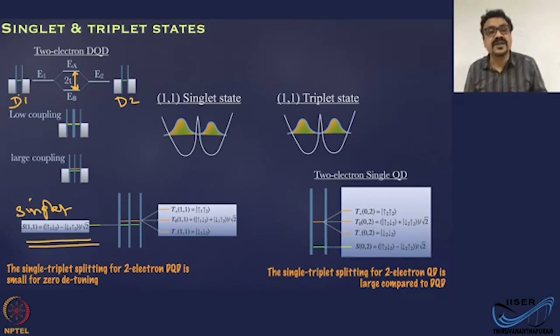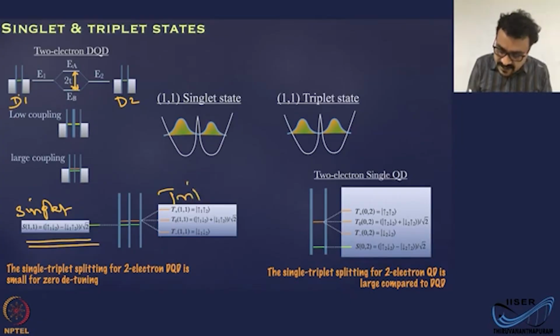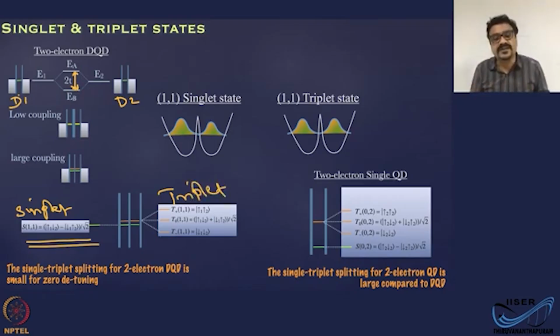That is what you are going to get when you do this. So now you have a singlet state, and you also have a triplet state. That means there are three states degenerate, three states with the same energy. That is T+1, up up, T-1, down down, and T0, down up plus up down by root 2. Okay, these are three states.